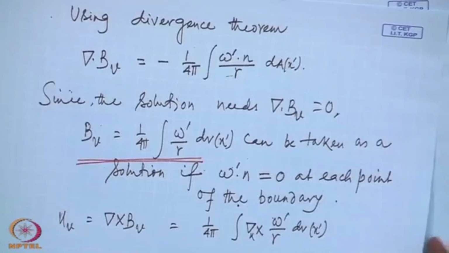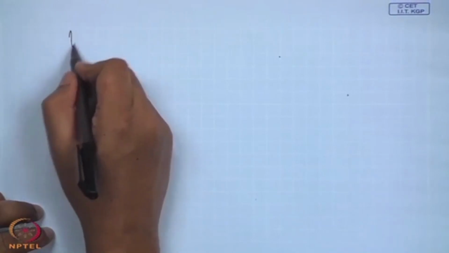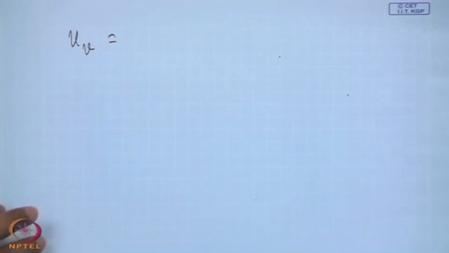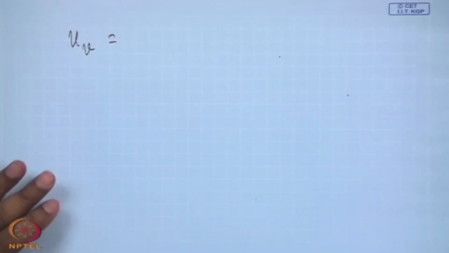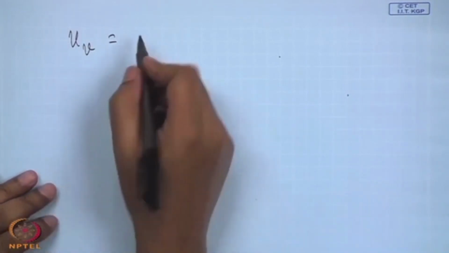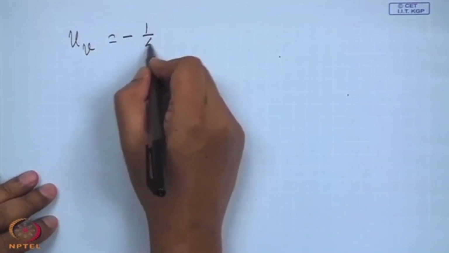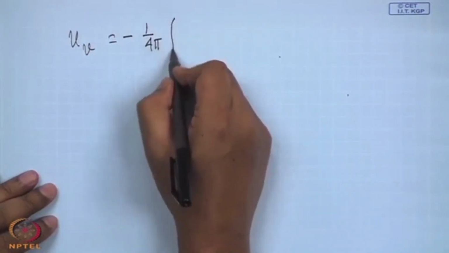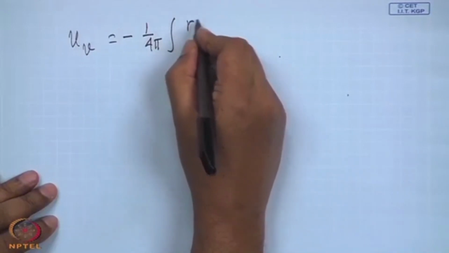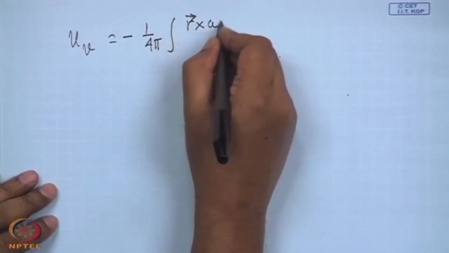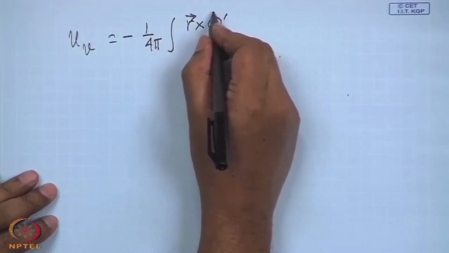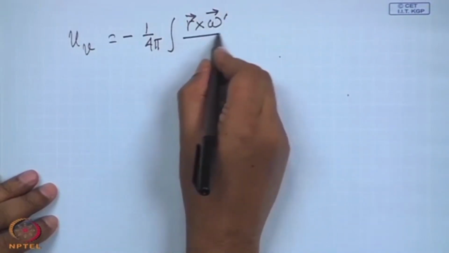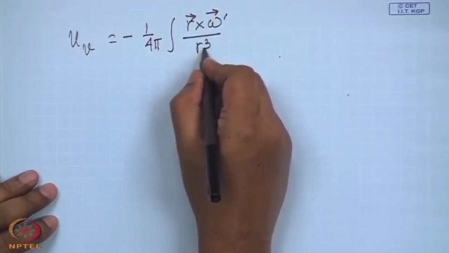Eventually, it will be curl of 1 by r. What is it then? U v equal to minus 1 by 4 pi r cross omega by r cube.